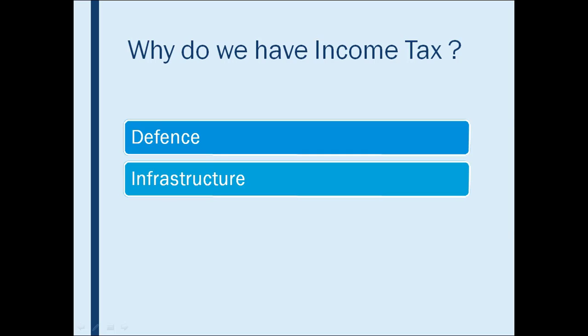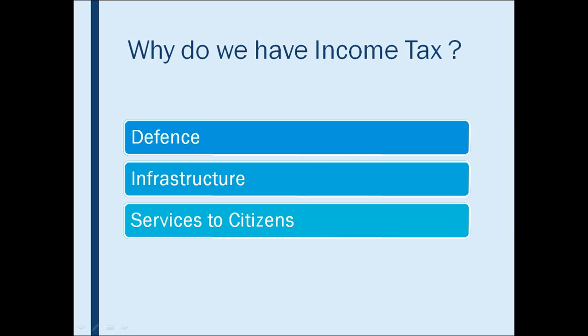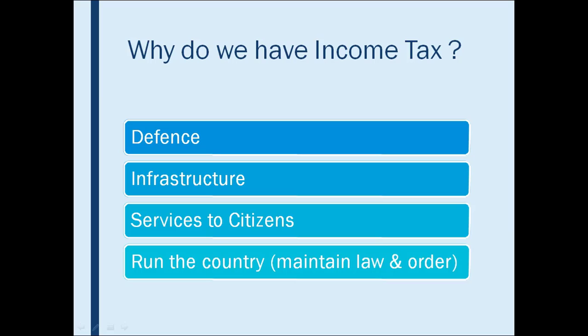It builds infrastructure, it gives various services to its citizens, and it runs the country overall, maintaining law and order. So as good citizens, it becomes a duty to contribute a fair share to the government, and one of the modes of this contribution is through income tax.